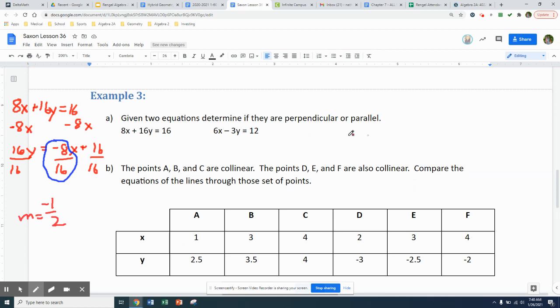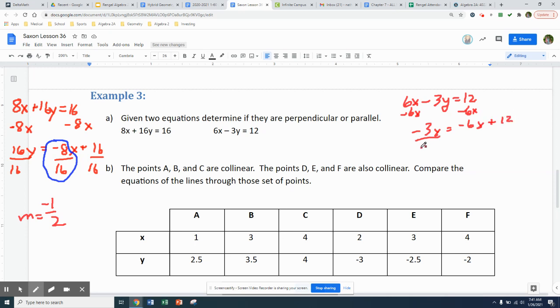Heading over to my second line, I've got 6x minus 3y equals 12. So we'll get this one set up. Here I'm going to subtract my 6x over. So negative 3y is going to equal negative 6x plus 12.